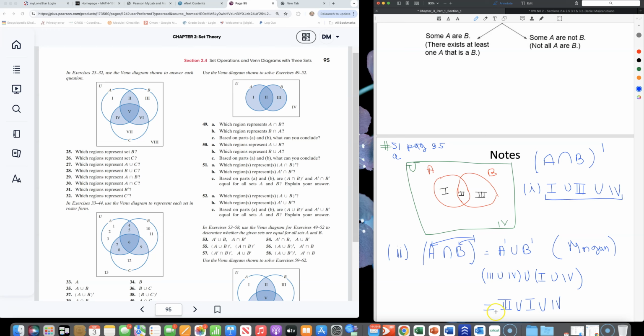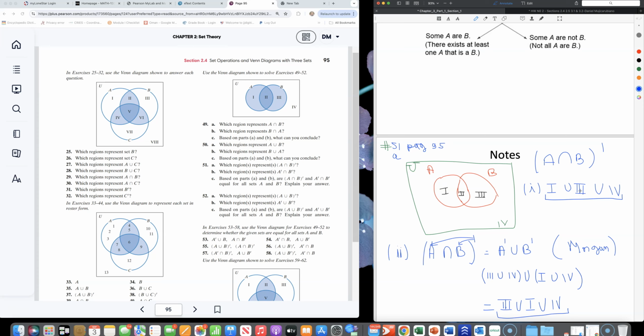So this one and this one are the same. It's the same solution. You can go directly with the Venn diagram representation and identify the complement of the intersection, or you can apply De Morgan's law to get exactly the same solution.